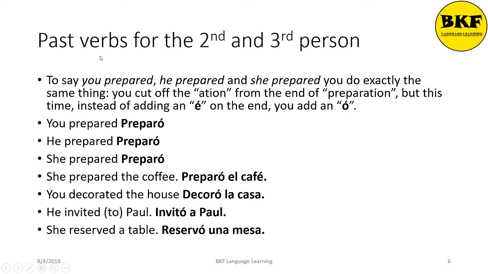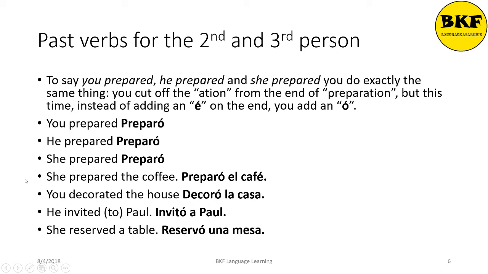Okay, now past verbs for the second and third person. If I want to say you prepared, he prepared or she prepared, you do exactly the same thing. We cut off the ATION and we add O instead of an E because it's second and third person. So if I want to say you prepared, it would be preparó, O with an accent mark. Similarly for he prepared or she prepared, it is going to be preparó.